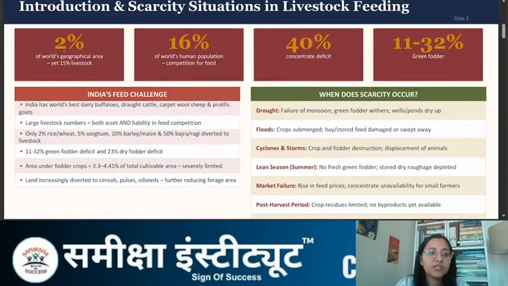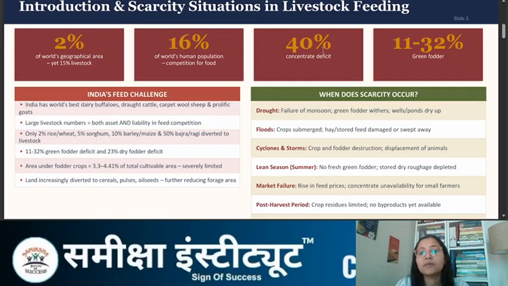So we have 2% of the world's geographical area, yet 15% of the livestock population depends directly on that very small geographical area. Then there is 16% and even up to 18% of the human population, which also competes with the animals for the concentrates.